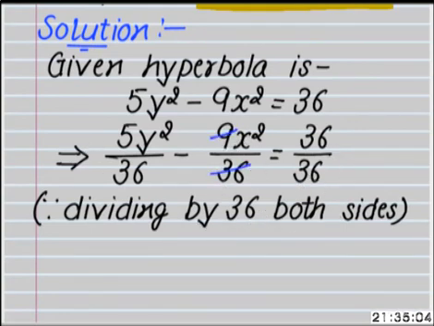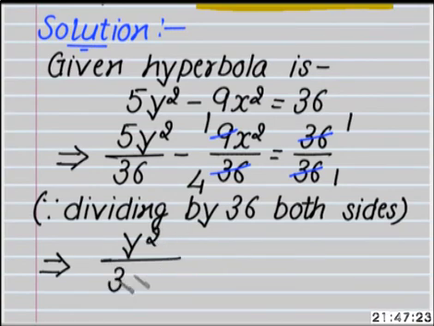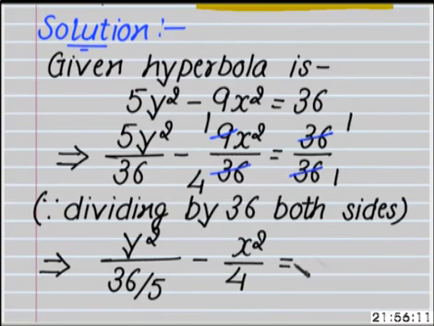Further, on solving, it will be equal to y² upon 36 upon 5 minus x² upon 4 equal to 1.